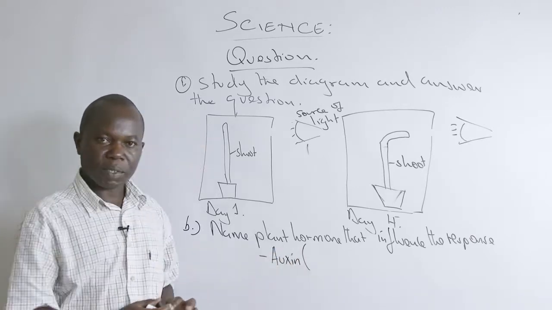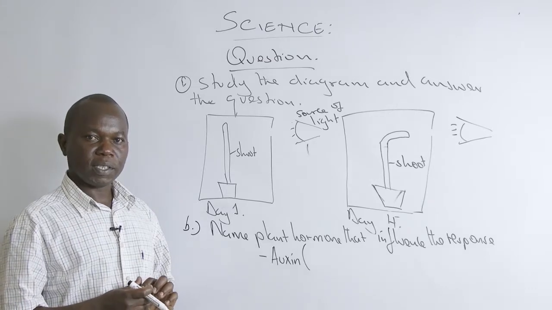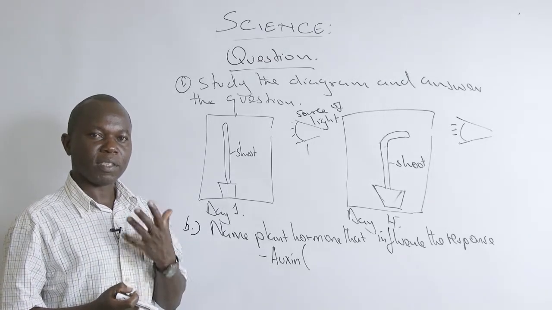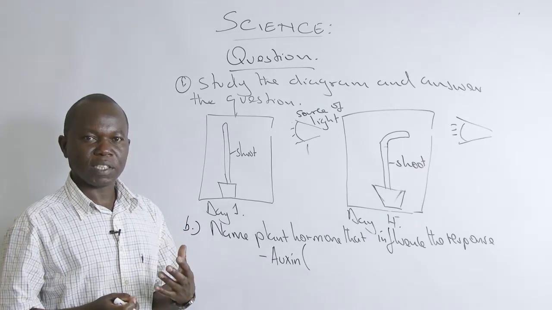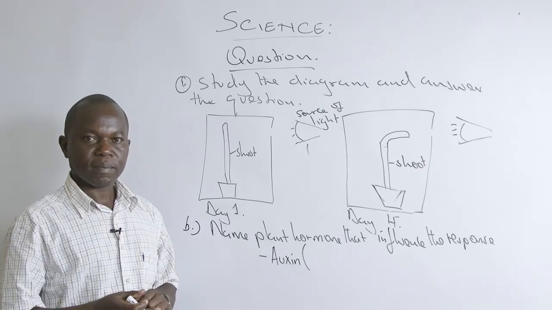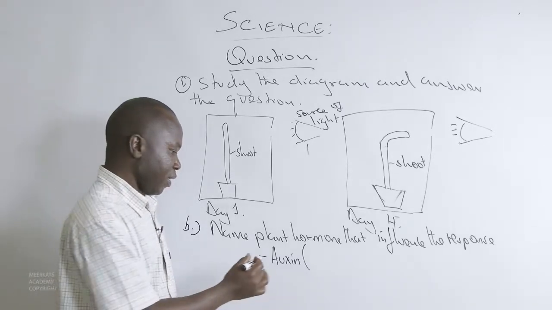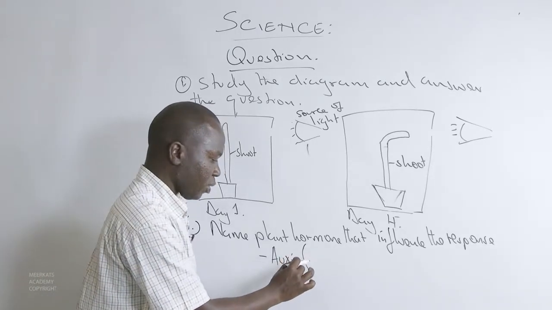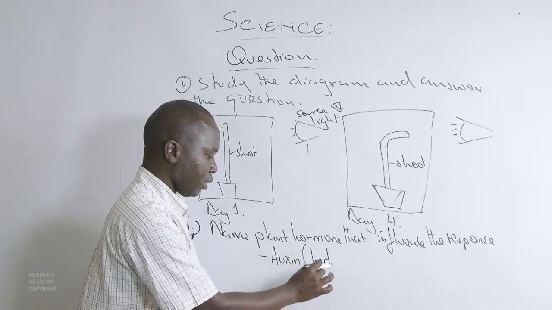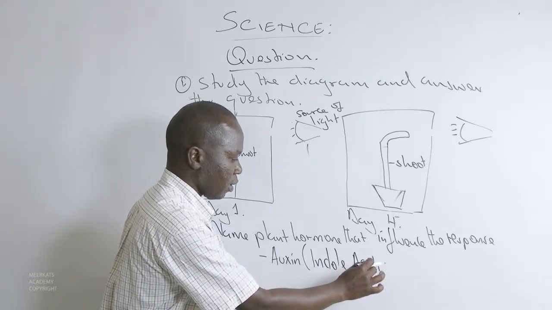Maybe again you can try to give an alternative name for auxin. Can you remember the alternative name? In our previous lesson, we identified an alternative name of auxin. Yes, you have remembered? I think your memory is telling you that we said it's also called indole acetic acid.